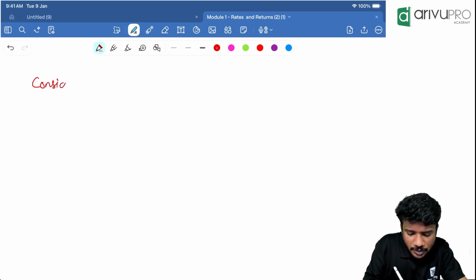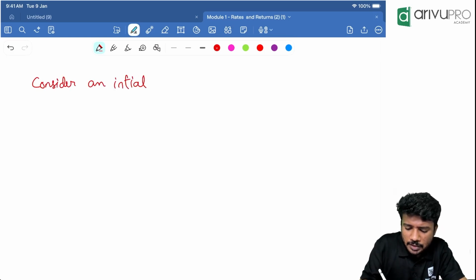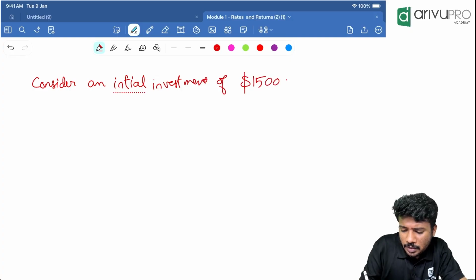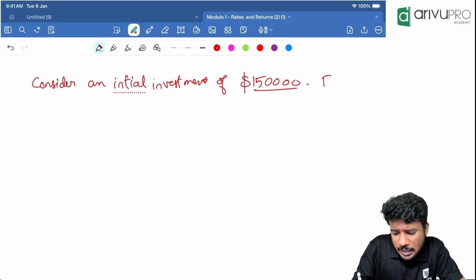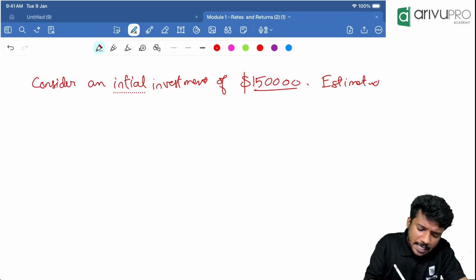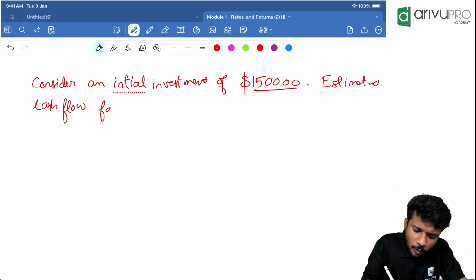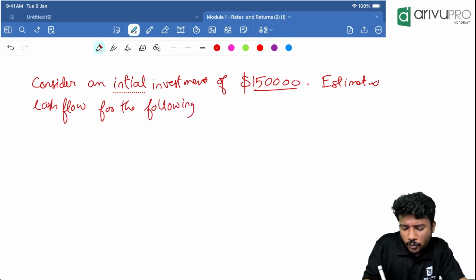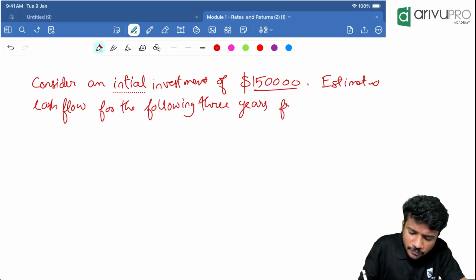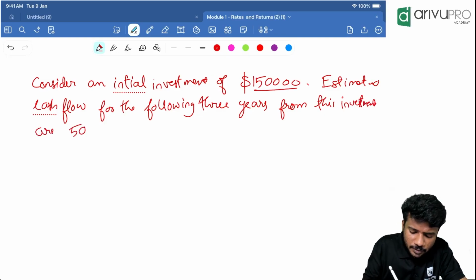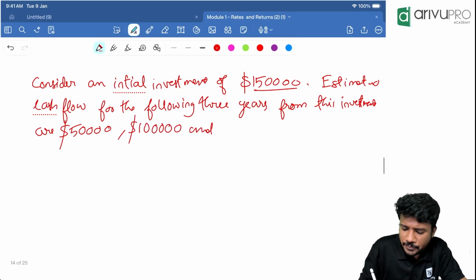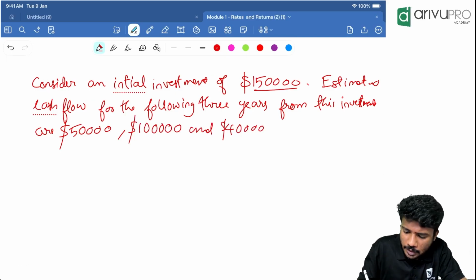Consider an initial investment of $150,000. The estimated cash flows for the following 3 years from this investment are $50,000, then $100,000, and $40,000, respectively.